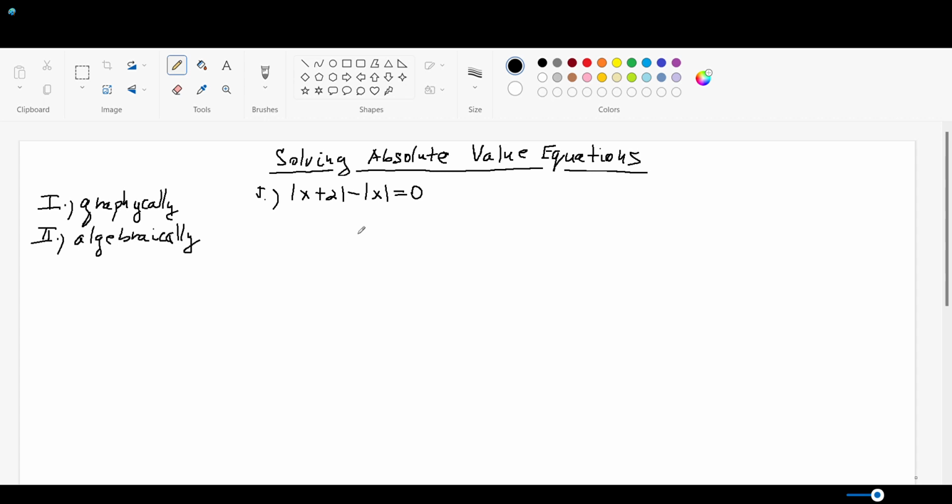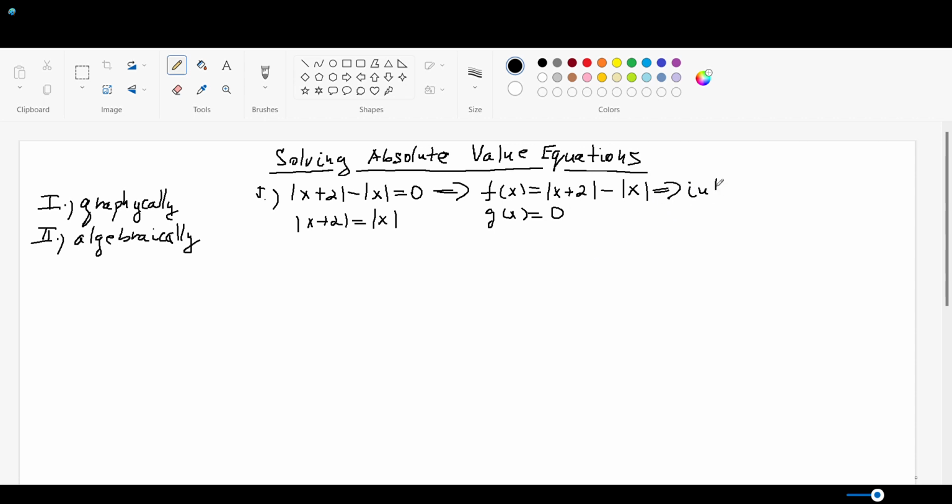But if you realize that you can rearrange this equation like this, then it's going to be really easier. If you want to, you can try this one, when basically you sketch the function f of x is equal to absolute value of x plus 2 take away absolute value of x, and then the second function will be g of x is equal to 0.